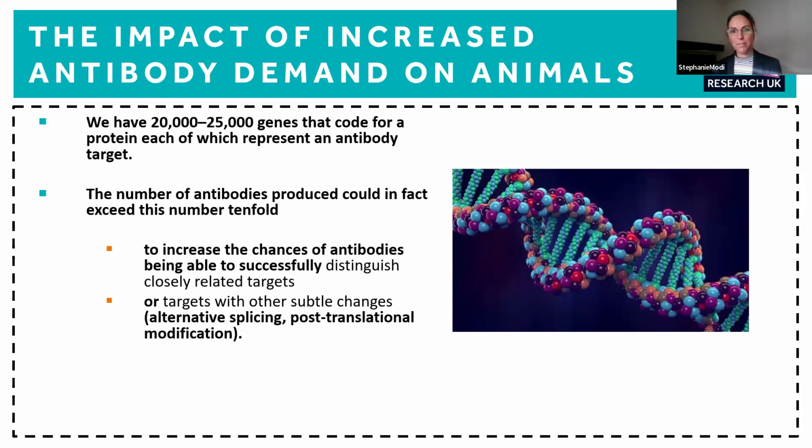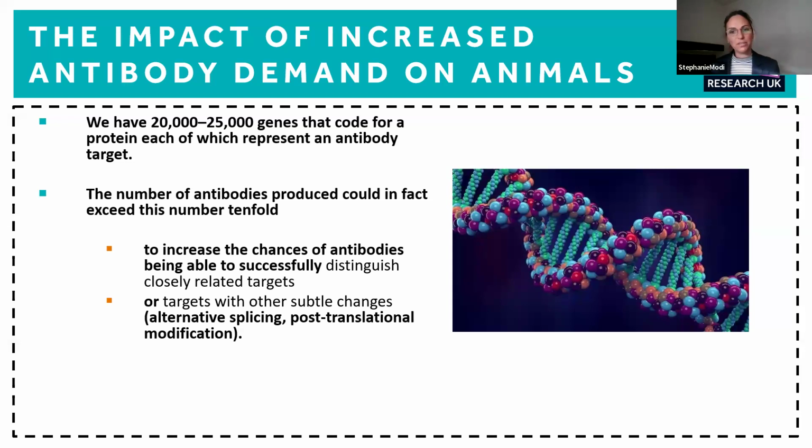And that's because antibodies are being produced that can identify really closely related targets. So it might be that you have an antibody against a particular protein and then a phosphorylated version of that protein, for example. Or there can be targets with really subtle changes through alternative splicing or post-translational modification.